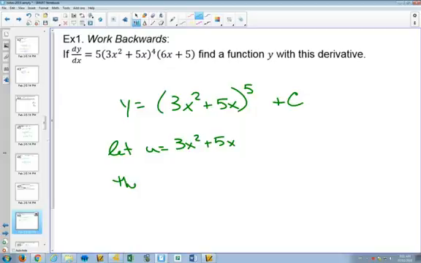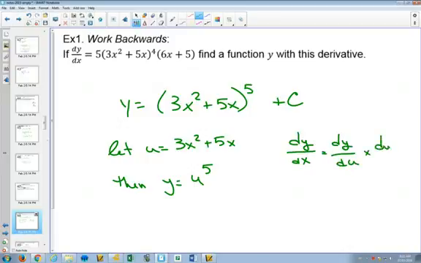Then y is equal to u to the 5 by just simple substitution. And the chain rule says that dy/dx is equal to dy/du times du/dx.